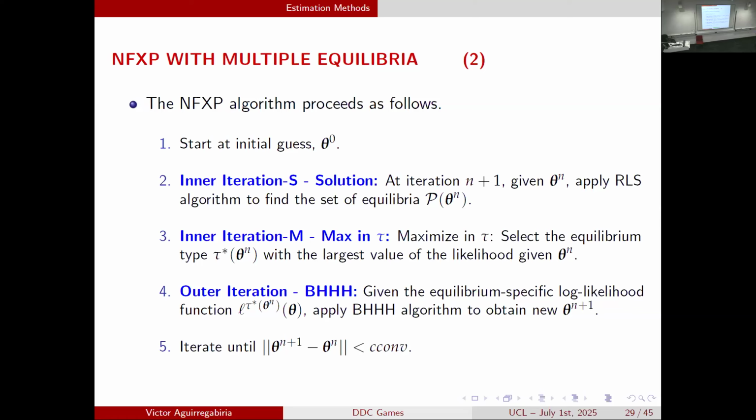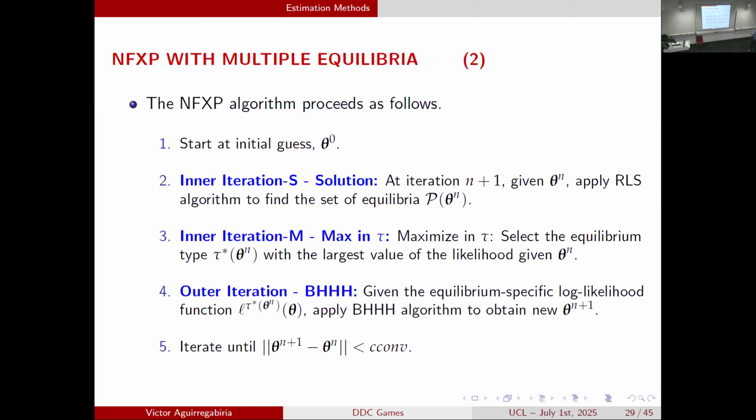Basically, it's the standard version of the nested fixed point algorithm, but now at each inner iteration, we need to do two things. First, we need to solve for all the equilibria in the game for this trial value of the vector of structural parameters theta. But then we need to select which of these different equilibria has higher likelihood.